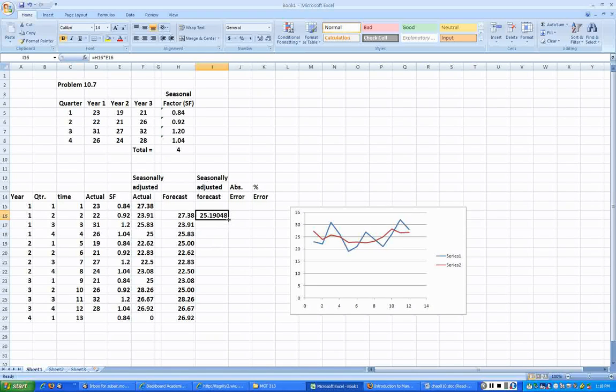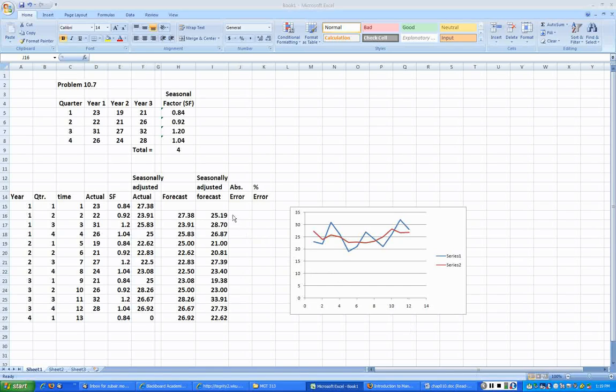Copy the formula down. Then you see that this would be the seasonally adjusted forecast for each one of those quarters. So that means for quarter 1 of year 4, our forecast would be 22.62 units.